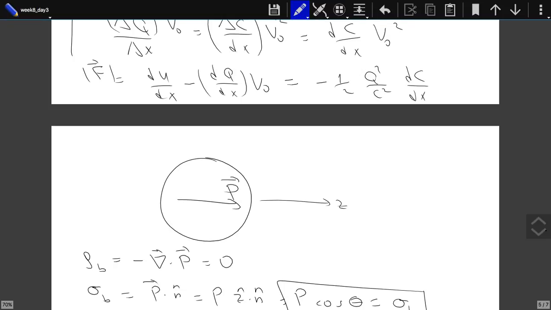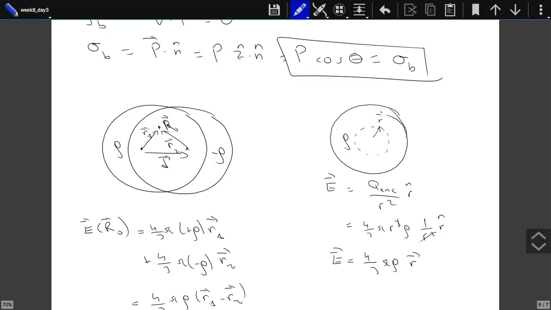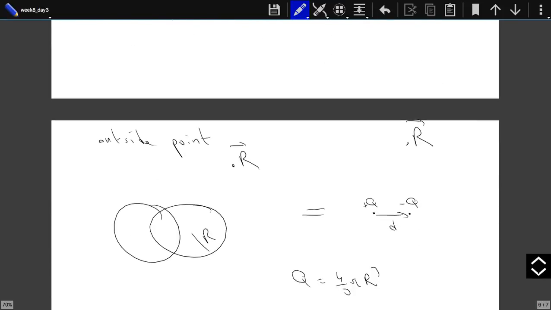For an outside observer, it just sees a dipole moment that will be just Q times D, which is the total volume times rho times D. So the dipole moment per volume that it sees will be just the polarization.